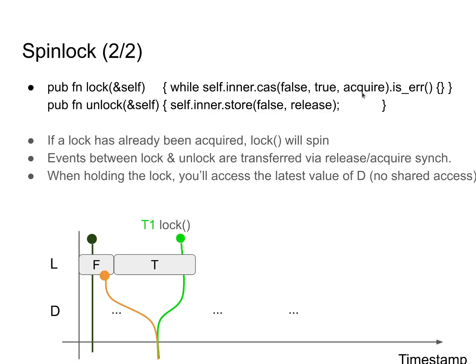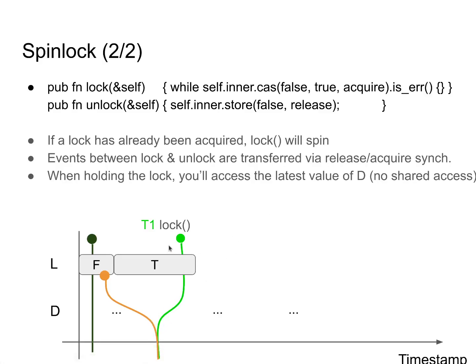In order to always observe the latest value of the location D, you have to acquire on the compare and swap. When this is acquired, you are going to acquire the release view of the previous message that is meant to be pointing to the latest value of D. And it should be acquired by this lock function.